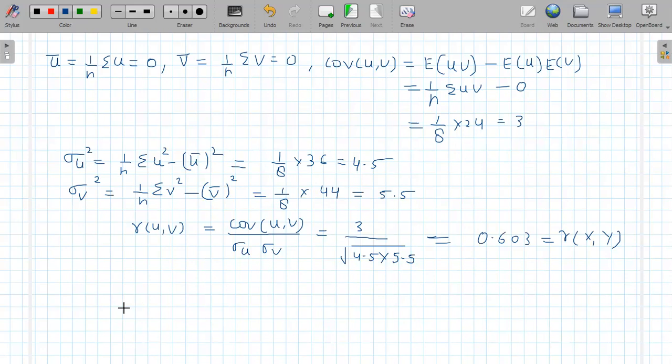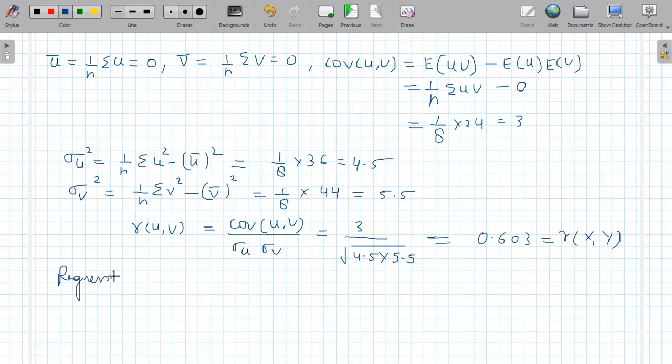And the equation of the regression line of y on x is y minus y bar equal to R sigma y over sigma x into x minus x bar. These are the two equations we have. So let's write those equations.